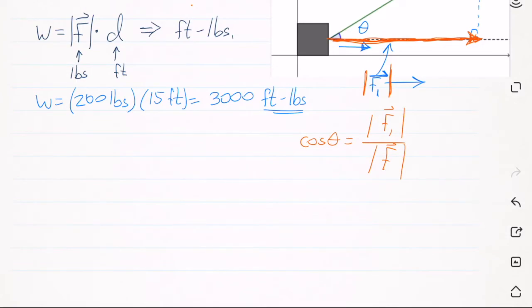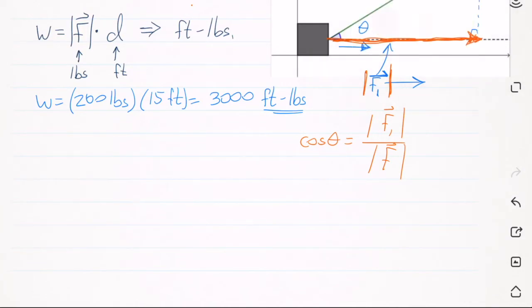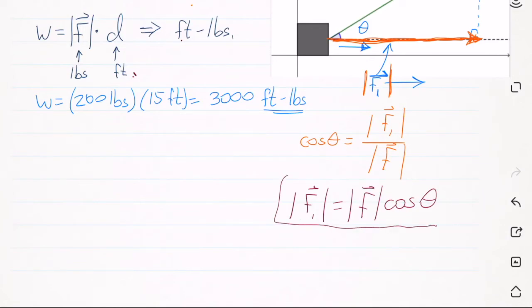And then if you solve for the resulting force, you're going to get the magnitude of the resulting force is equal to the original force times cosine of theta. So this will give us a way of finding the force that is going in the same direction as the motion.